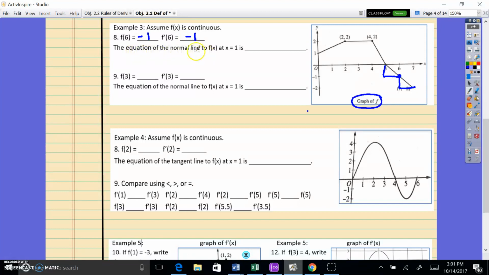Now, the equation of the normal line when x is 1. Well, I know this says 1, and we could actually do that equation, but I'm going to go ahead and change this to 6, because that's the information that we're working with here. Since we have the y value and now the slope, you would simply write the equation.